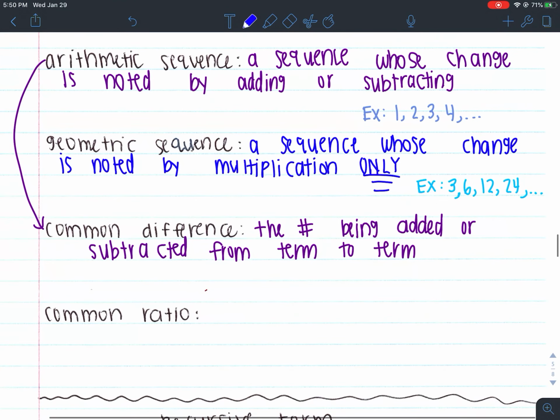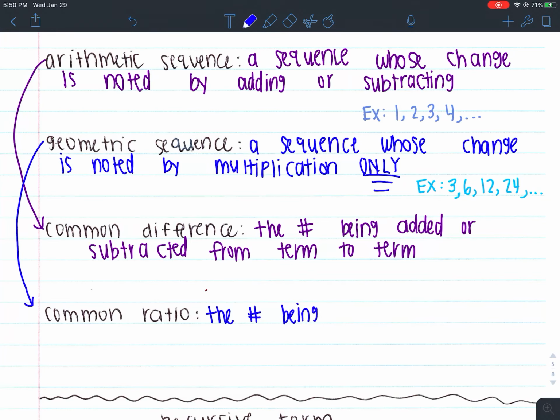Now, the common ratio has to do with the geometric sequence. This is the number being multiplied from term to term.